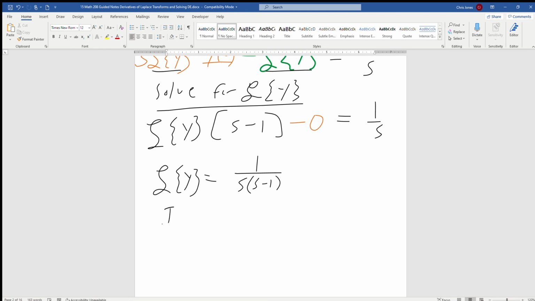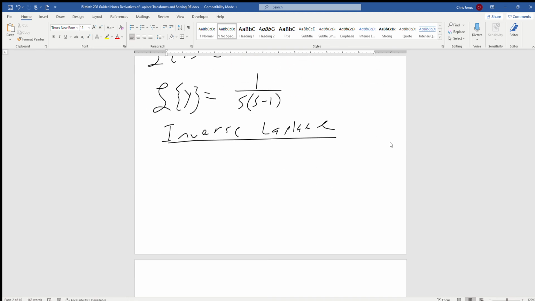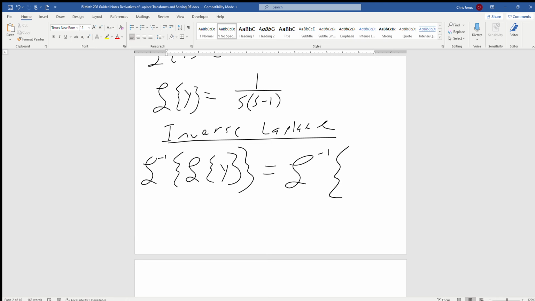Okay, so now we're going to find our inverse Laplace. Now this might get a little bit ugly, but we're going to have inverse Laplace of L of y is going to be equal to inverse Laplace of 1 over s times s minus 1.